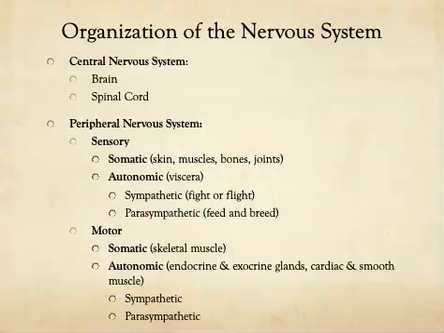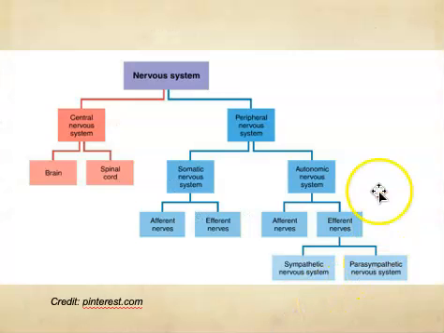And in both cases, you can see that it's the peripheral nervous system that is the more complex, that has the more components associated with it, because it's first and foremost divided into an autonomic or an involuntary type of system, and a somatic or a voluntary system. And then within both of those, we can look at afferent versus efferent. We can look at sympathetic versus parasympathetic. It's just more complex in its divisions.